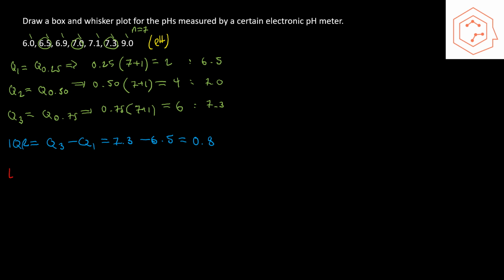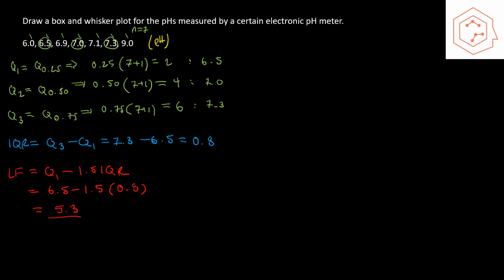So my lower fence, which I'll write as LF, is equal to Q1 minus 1.5 times the IQR. So that's going to equal 6.5 minus 1.5 multiplied by 0.8, and that's equal to 5.3. So that's my lower fence.